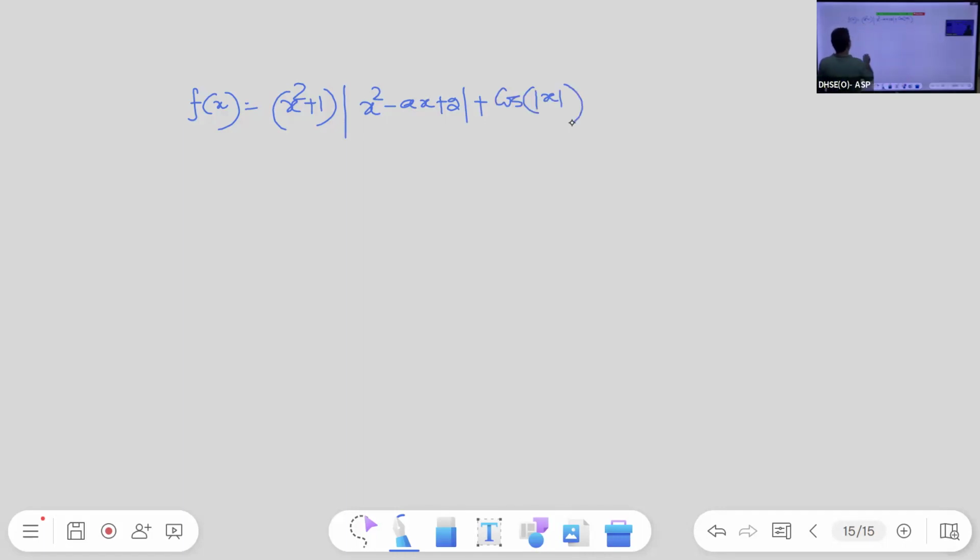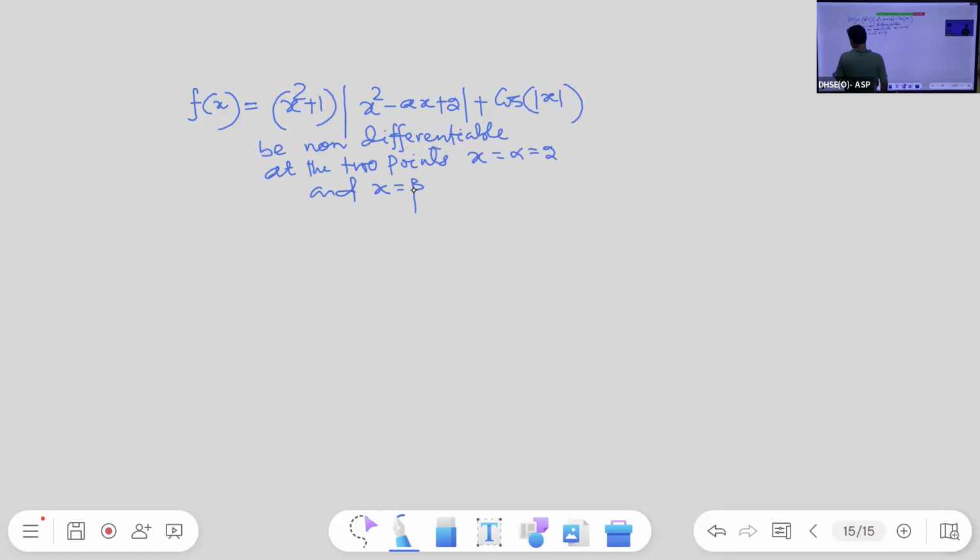Let f of x be non-differentiable at the 2 points x is equal to alpha is equal to 2 and x is equal to beta.